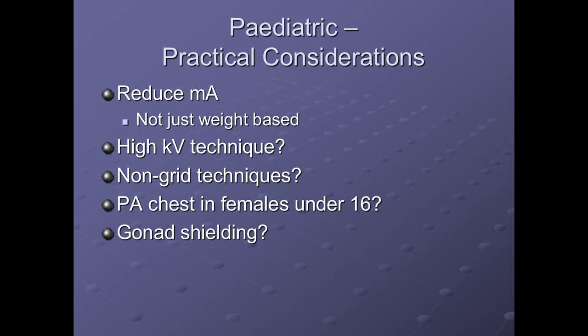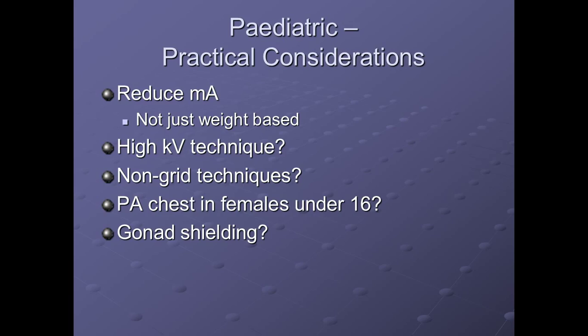So, for practical considerations when imaging paediatrics, you need to reduce the mA, and this is quite obvious. However, this is often done basically because of size, and so to get the appropriate image. With DR, this does need to be considered, because obviously there are fewer implications on image quality with high mA. Try to consider that it's not just weight-based, because actually smaller children are more radiosensitive as well.